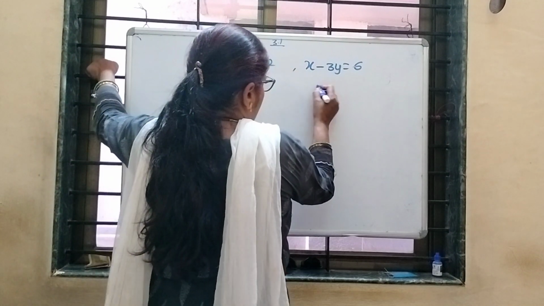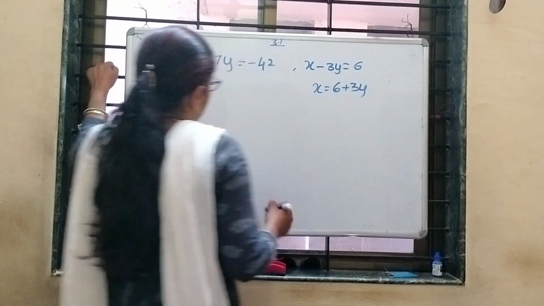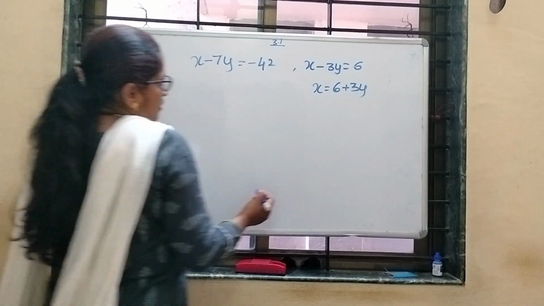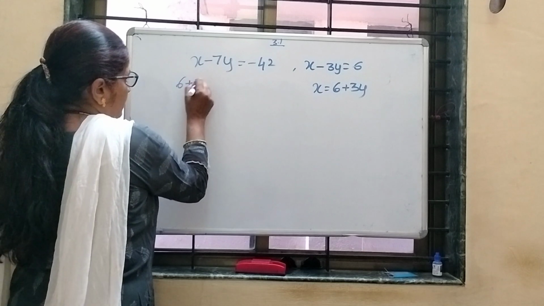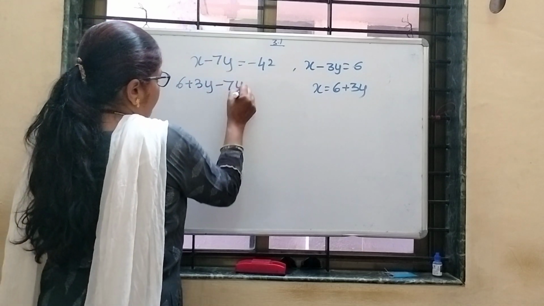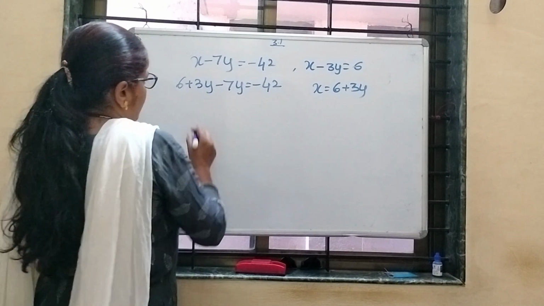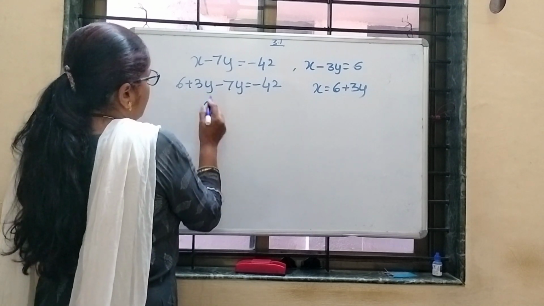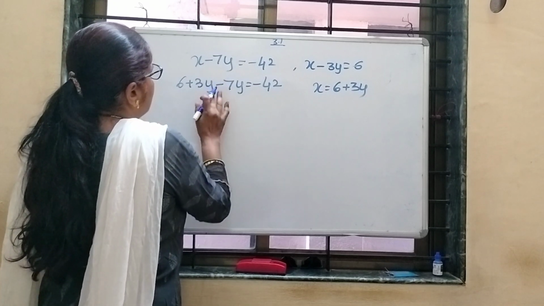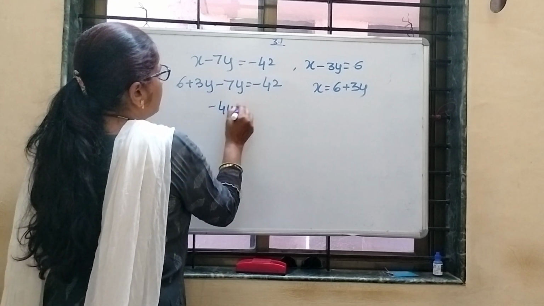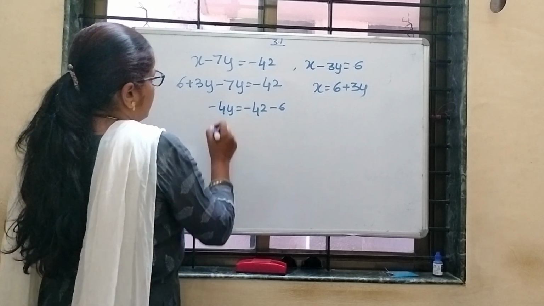So I am going to take now x is equal to 6 plus 3y. In place of x, we are going to substitute the value of x, that is 6 plus 3y minus 7y is equal to minus 42. So 6 plus 3y minus 7y becomes minus 4y is equal to minus 42 minus 6.